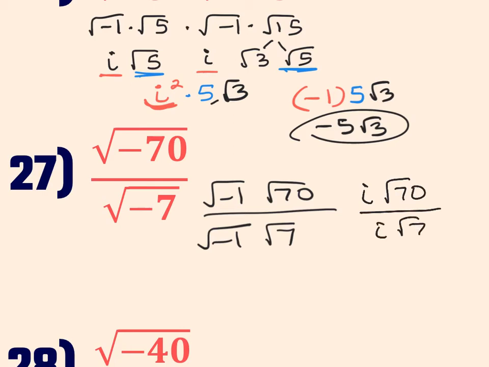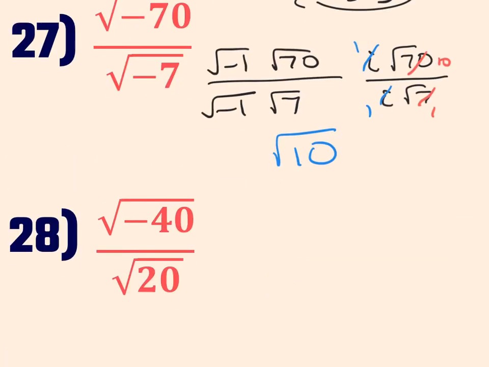Again, you can choose to just simplify this. 7 goes into 70 10 times. The i's simplify, so the final answer, root 10, or square root of 10. If you'd prefer to factor the 70 and make it 7 times 10 and then get a 7 to cancel, you can do it that way also.